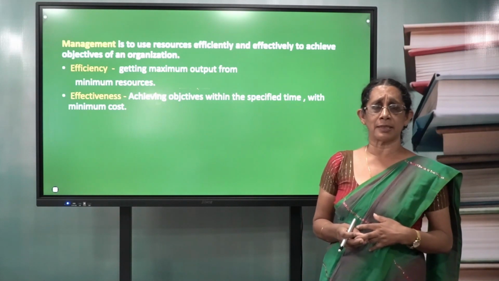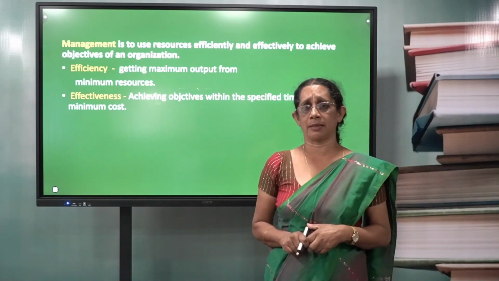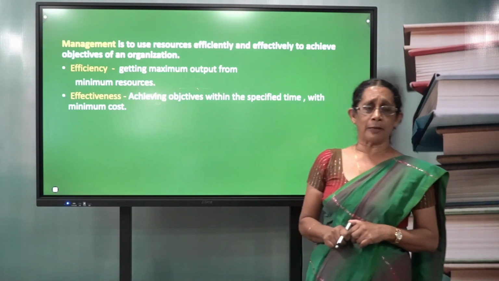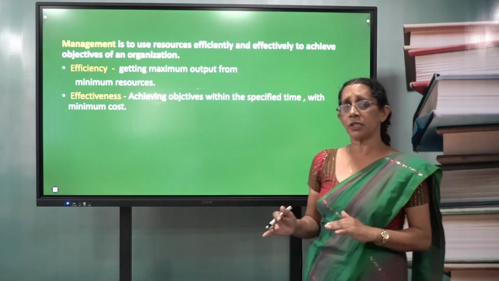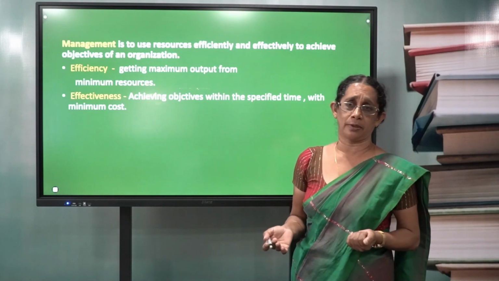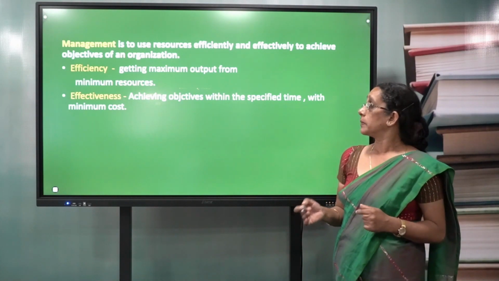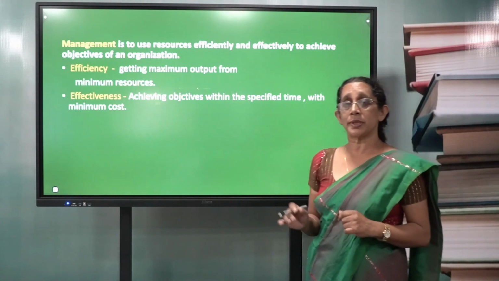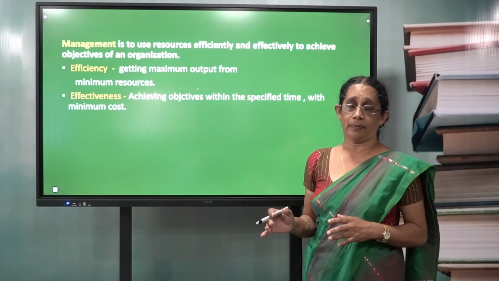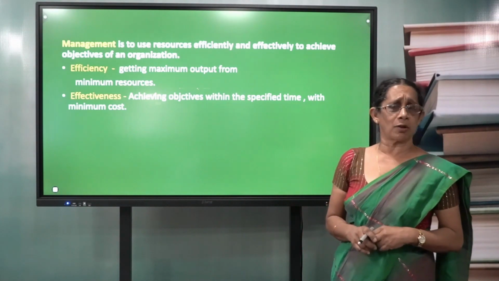So what is the reason behind this? We can say that they want to achieve their business objectives, but they don't know how to use their resources. So, what are resources?